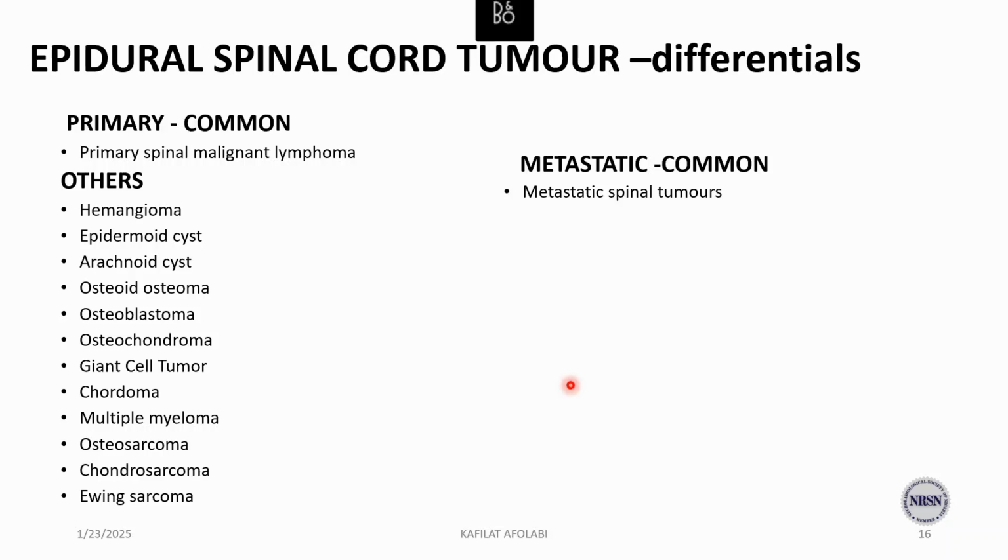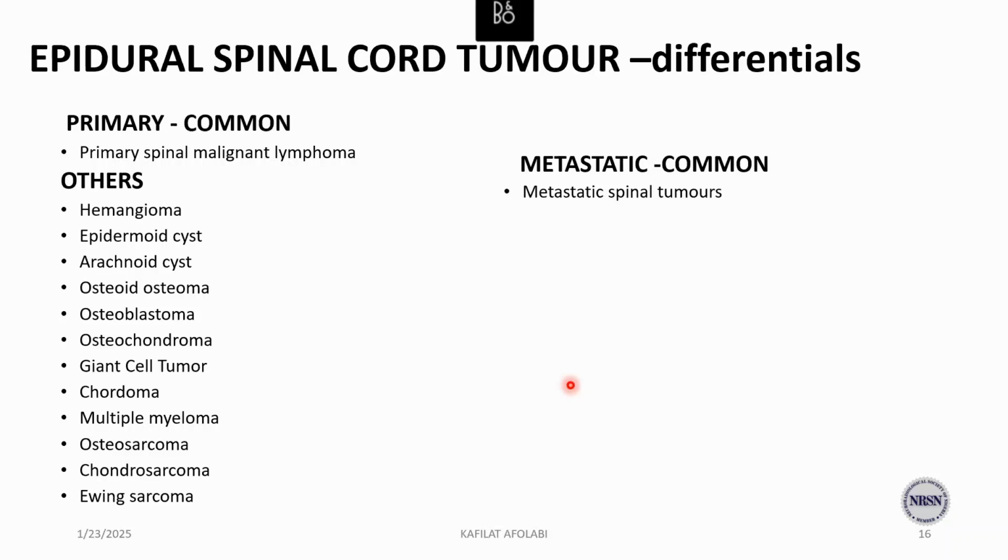But the most common epidural spinal cord tumors are the primary spinal malignant lymphoma and metastatic spinal tumors. The less common ones are hemangioma, epidermoid cyst, arachnoid cyst, and other osseous tumors like osteoid osteoma and Ewing sarcoma. They are primarily bone tumors, with a propensity to extend into the thecal sac or involve the cord.